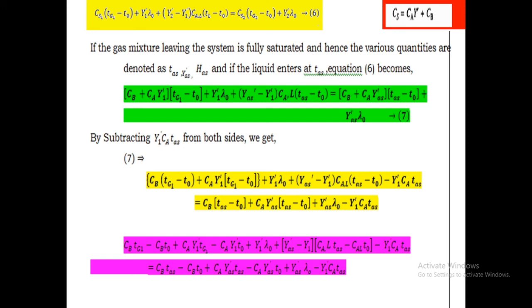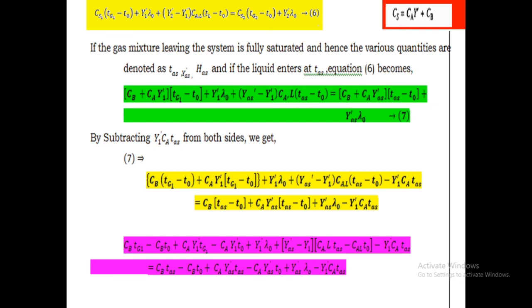Plus Y1 dash lambda naught plus YAS dash minus Y1 dash CAL into TAS minus T0, minus Y1 dash Ca TAS on the left side, is equal to Cb into TAS minus T0 plus Ca Y dash AS into TAS minus T0 plus Y dash AS into lambda naught minus Y1 dash Ca into TAS. Subtracting this term from both sides.